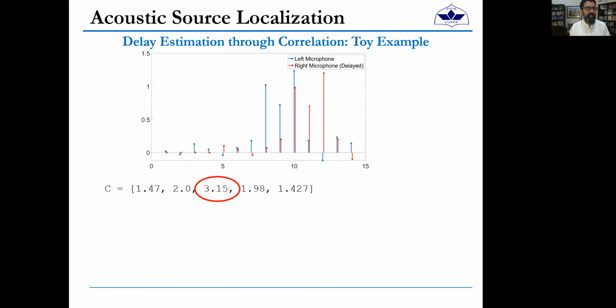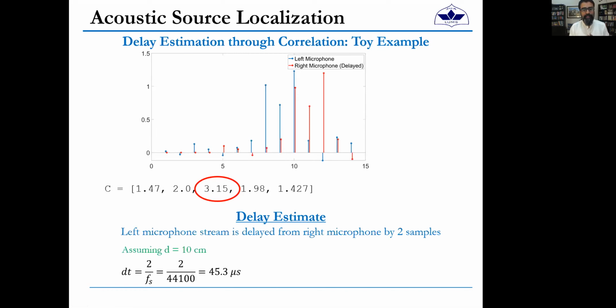That means the correlation was maximum for a delay of 2 samples, right? And that means one of them was a delayed version of the other by 2 samples, and therefore this gives me, and all of these details are there in the handout, the dt is 2 upon fs, where fs is sampling frequency. This is 45.3 microseconds, and this gives you theta, which is 81.3 degrees.